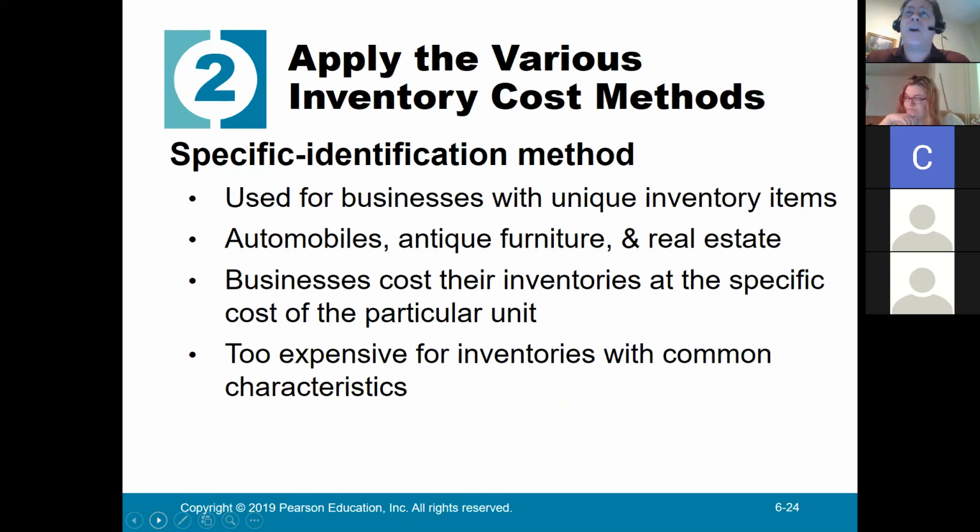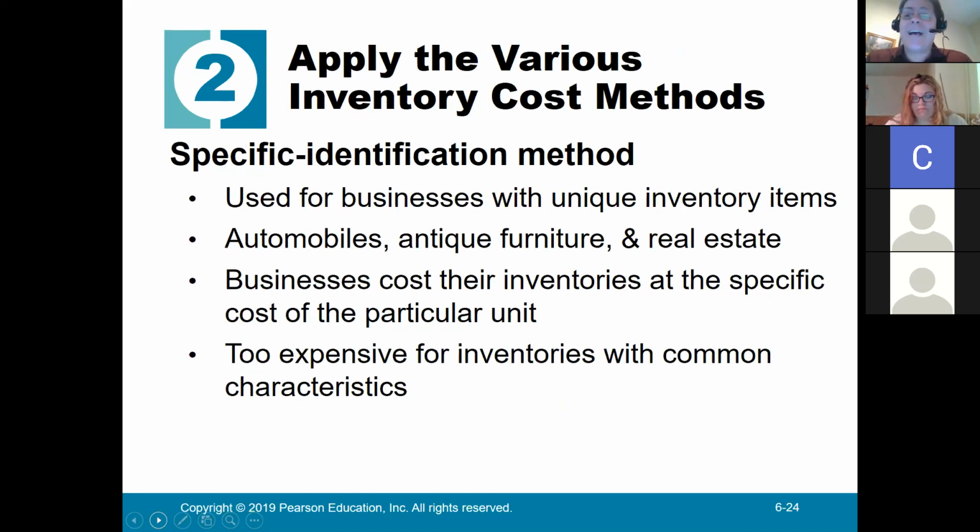If I bought that car, say I'm a used car dealer, and I picked that up at auction for $5,000. Because I legally have to track that VIN, I know that that particular car costs $5,000.